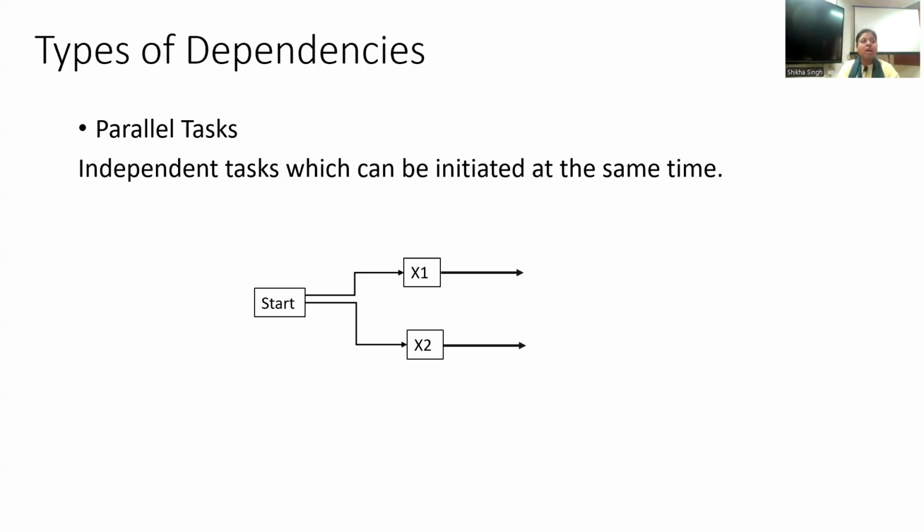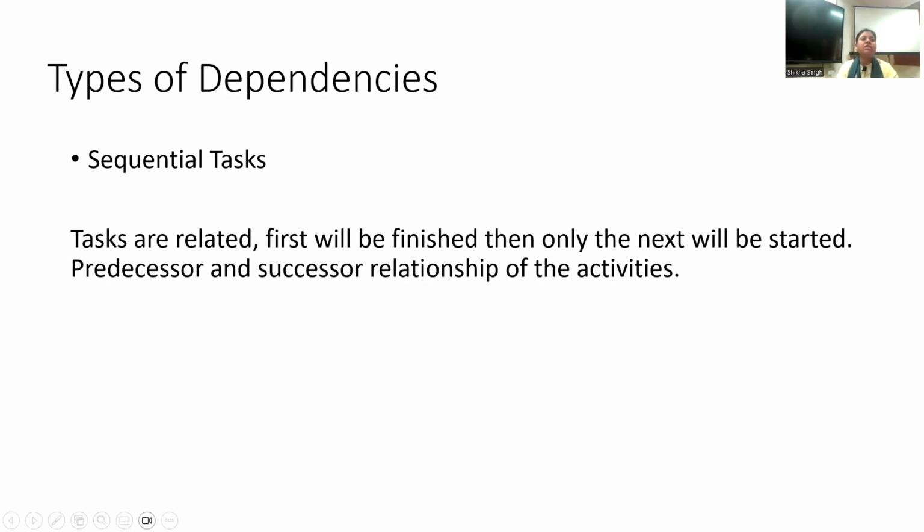Similarly, there is one more task that you call the sequential task. That is also very simple to understand. Tasks which are related, dependent tasks, right? One will finish, then only the next will be started. So here you see x3 and x4 have been shown. x3 is giving information to x4 and x4 is further releasing some information to upcoming activities or upcoming subsystems in the network or in the architecture, right?